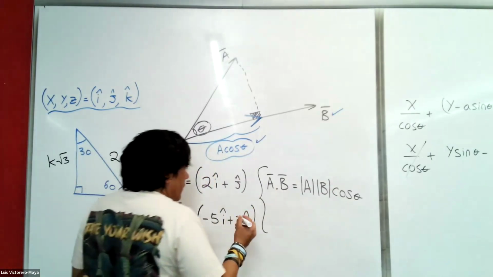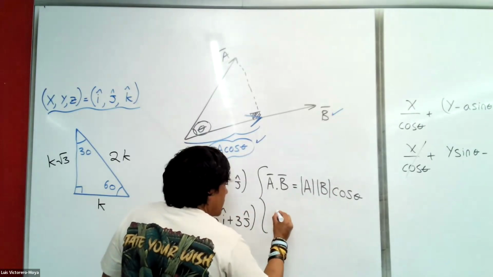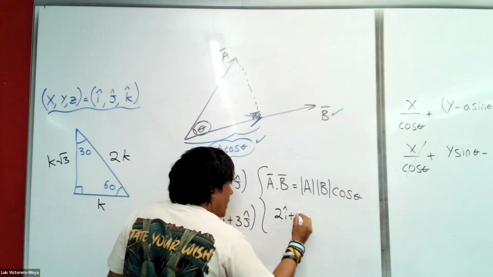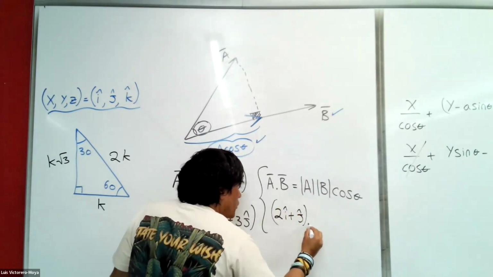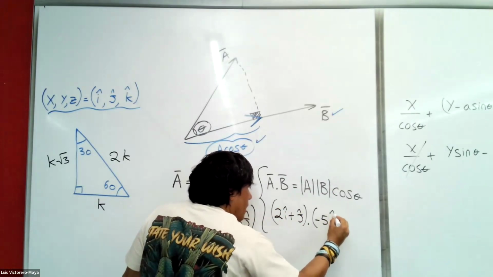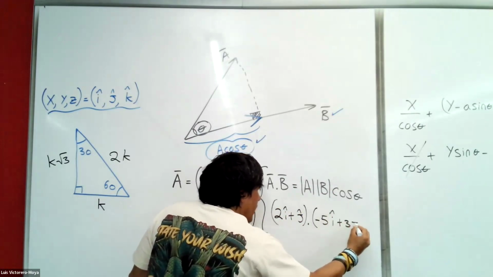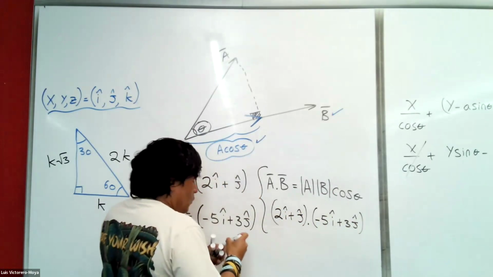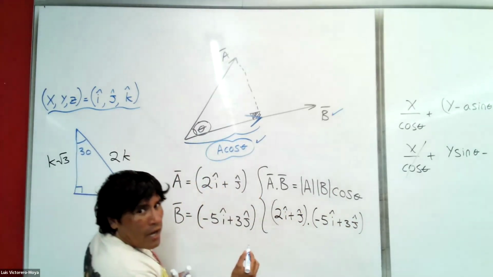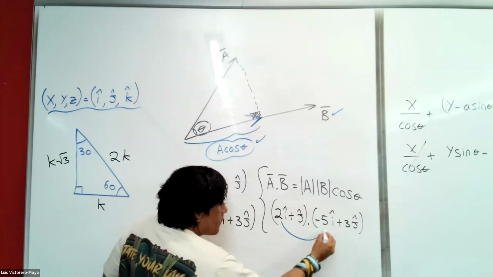A dot B, if you write 2i plus j dot negative 5i plus 3j, you kind of do like a sum. You do i's with i's.